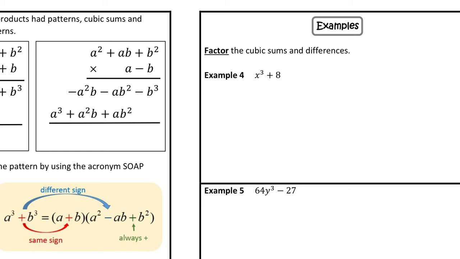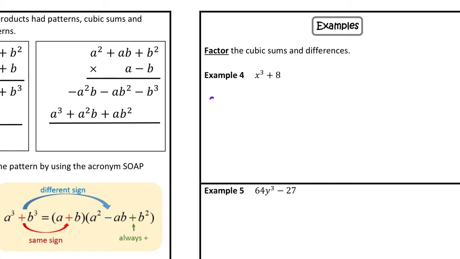Okay, so we can see the formulation over here and the problem over here. So here I have x to the power of 3 plus 8. So x to the power of 3, can I take the cube root of that?